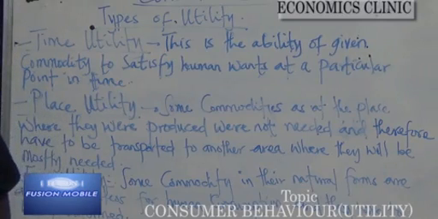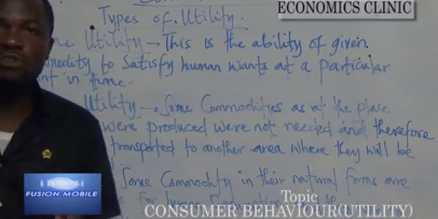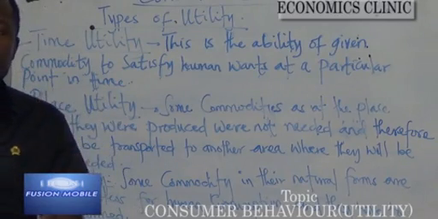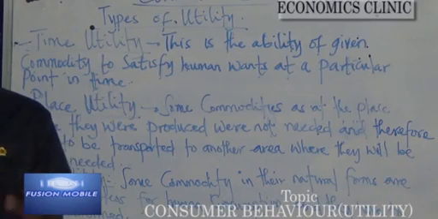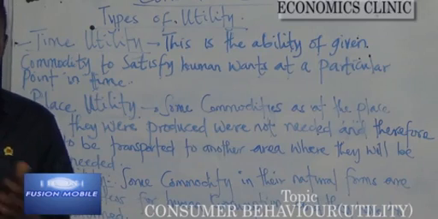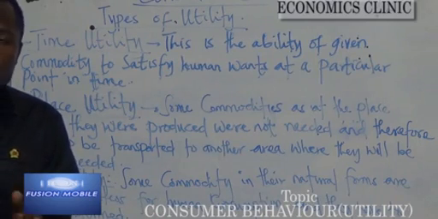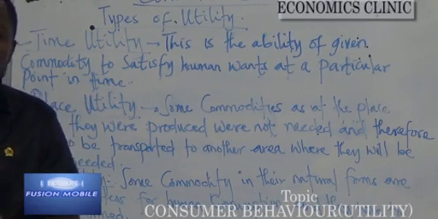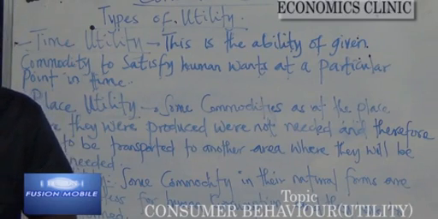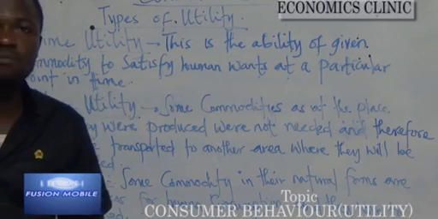Some commodities, at the time when they are produced, are useless, but they have to wait until they are needed. An example is an umbrella. An umbrella may be produced at a time when there is no rain, and it will be needed when there will be rain. The period or duration from when they are produced to the time when they are needed is referred to as time utility.